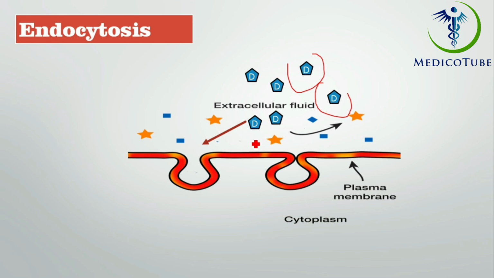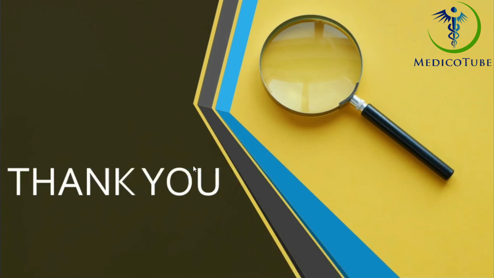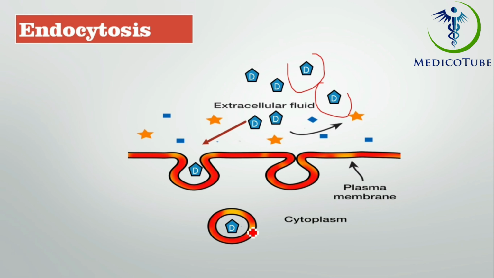The drug comes and the cell membrane engulfs the drug and makes a vesicle. The drug gets into the cell via this vesicle, and then the vesicle bursts and the drug is released. So this mechanism is for drugs of extra large molecular size.